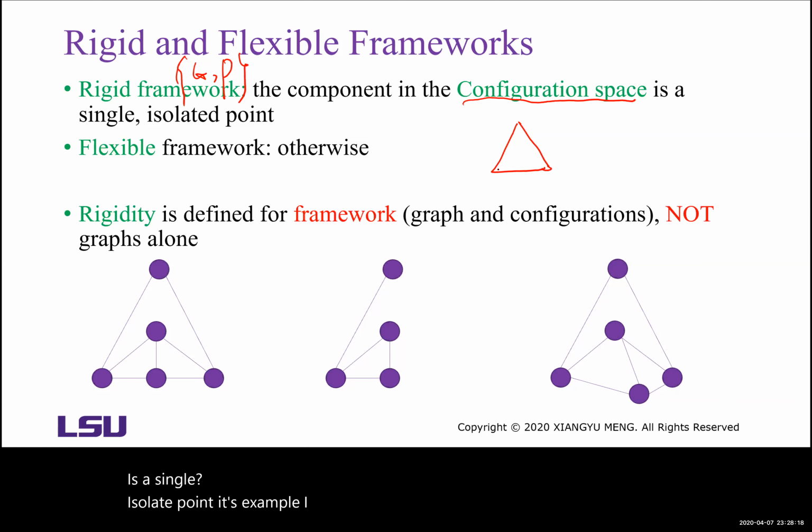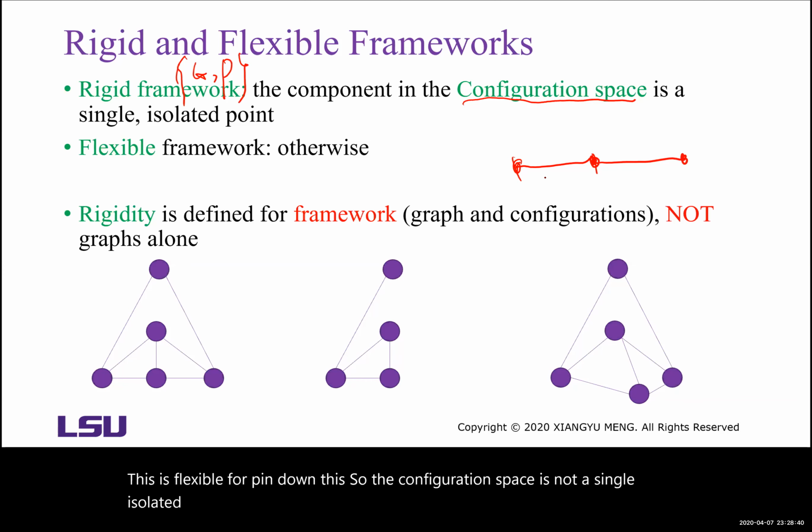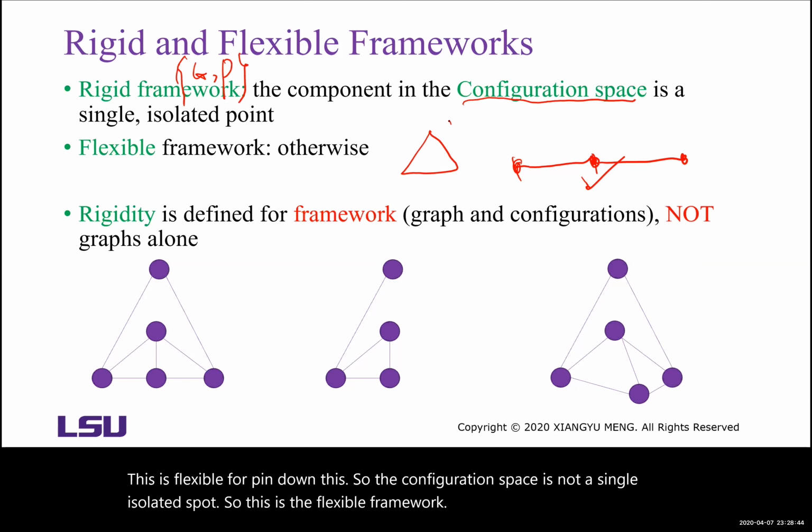If we pin down this edge, it's just a single point, so this is a rigid framework. The other example I gave to you is flexible. If we pin down this, the configuration space is not a single isolated point. So this is the flexible framework, and this is the rigid framework.